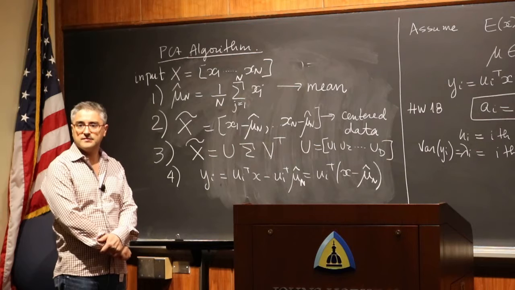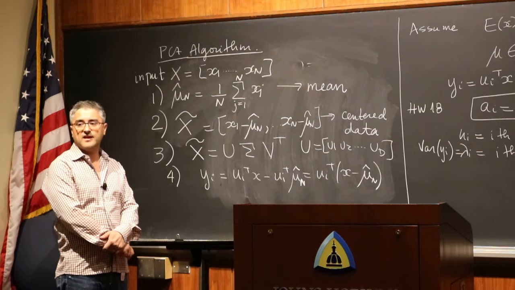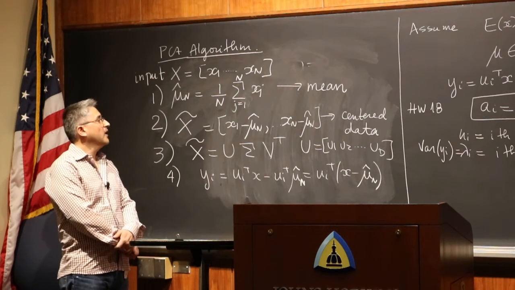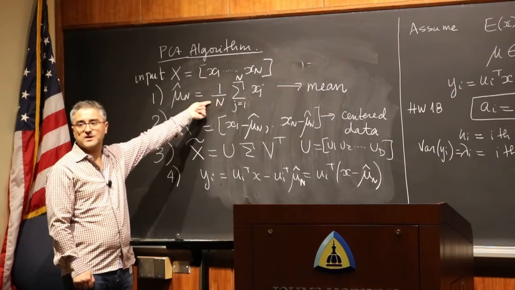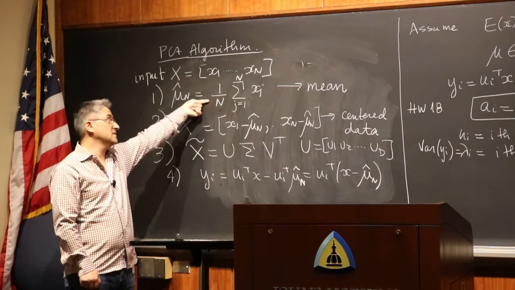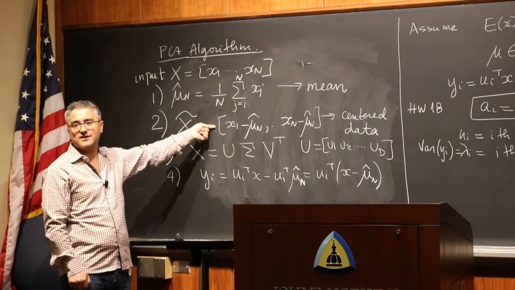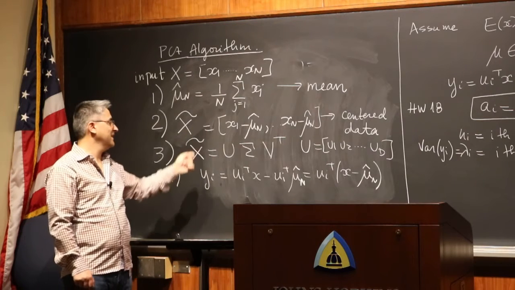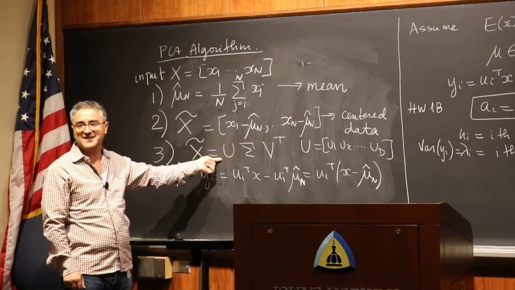So that's it. That's why the homework is to implement this algorithm in 5 lines of MATLAB code. Hopefully you know how to do the average in MATLAB without a for loop, so that this is really one line. Hopefully you know how to subtract a vector out of a matrix in one line. And MATLAB has a command to compute the SVD.